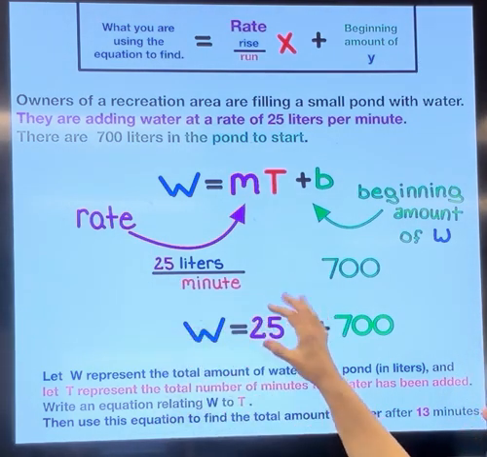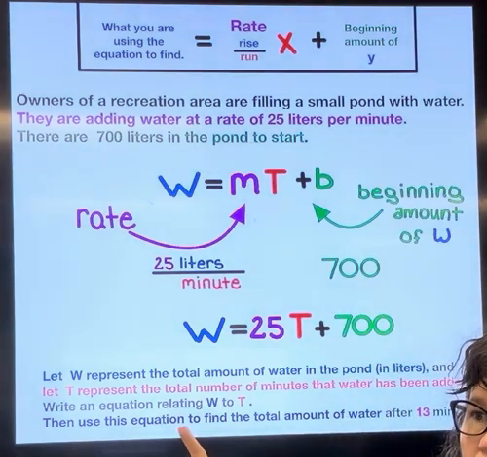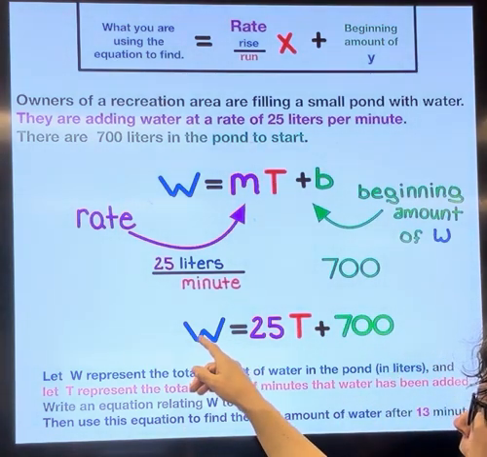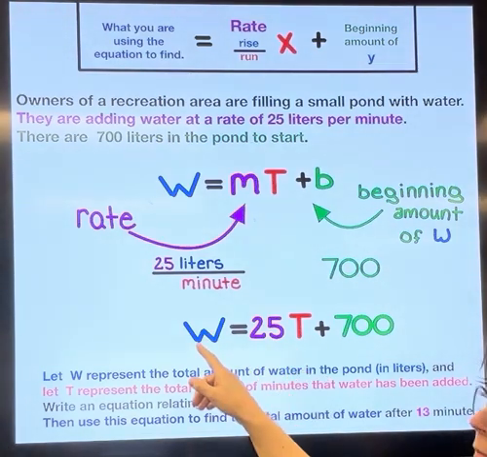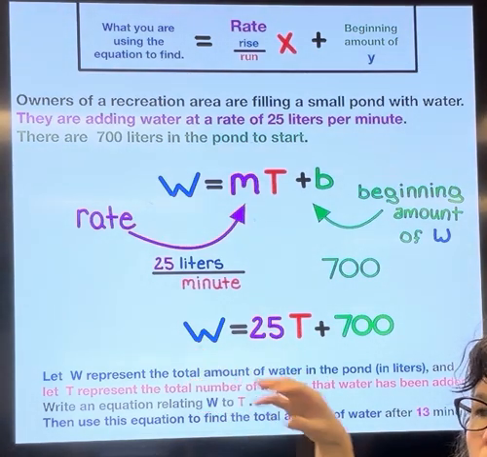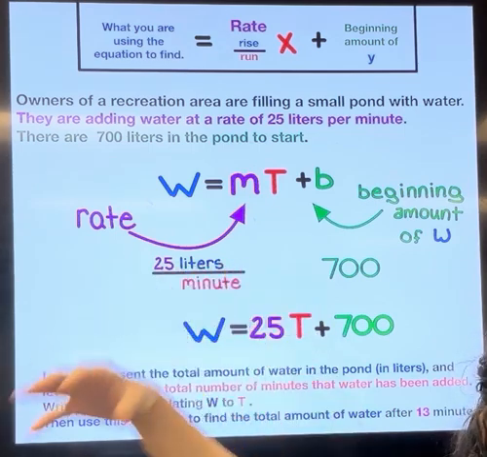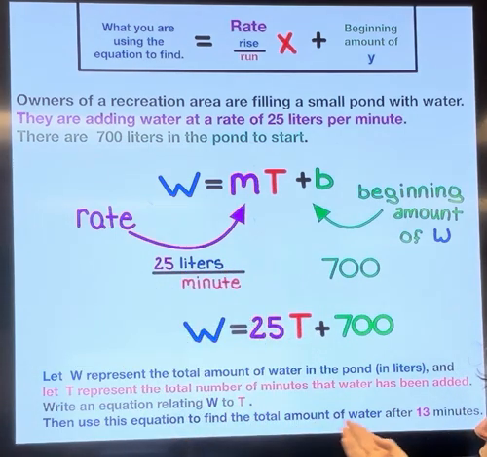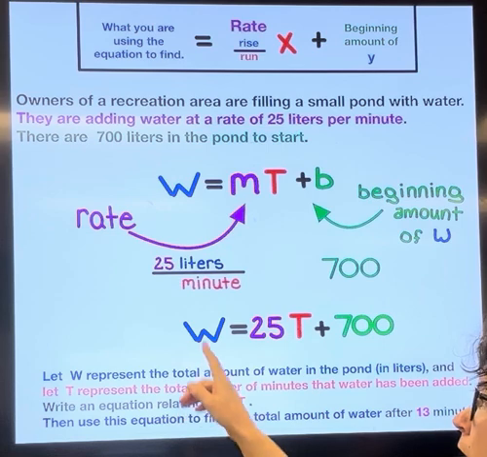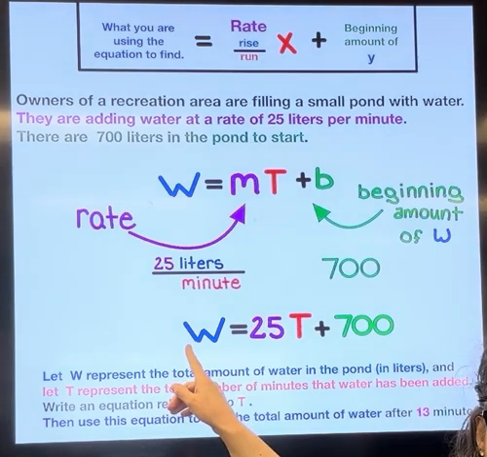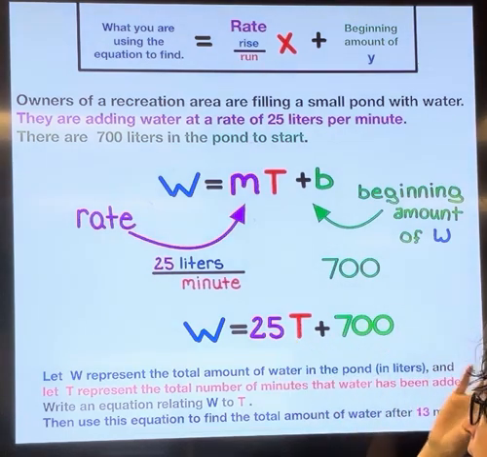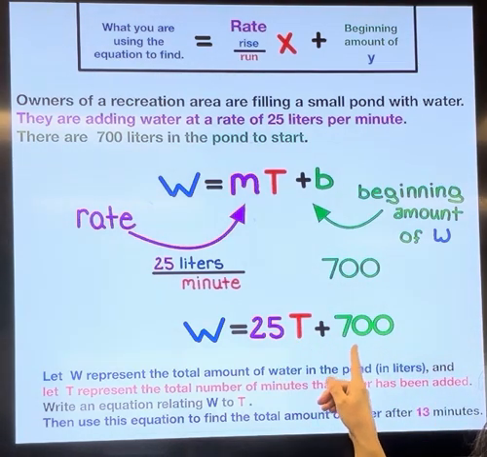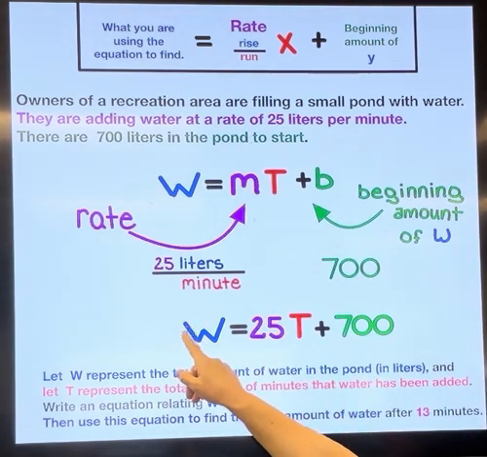Okay, so when you're writing these equations, step one, figure out what letters you're going to use instead of X and Y. The Y value is always going to be what it is you're going to use the equation to find. So eventually I'm being asked to find the amount of water. That's why I know this one was W. That leaves the other variable to be T. And then this is always going to be the beginning amount of this one.